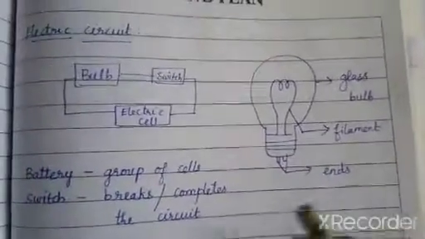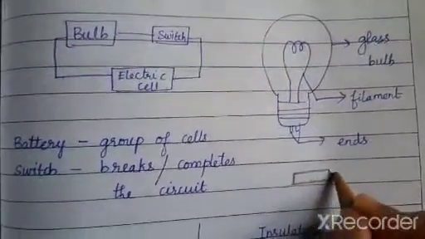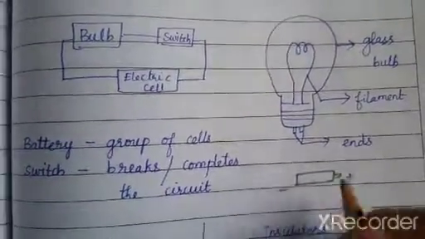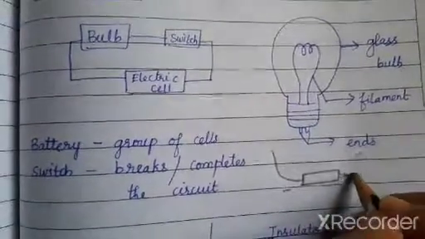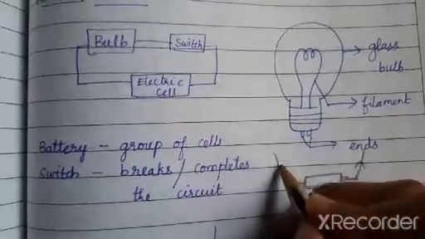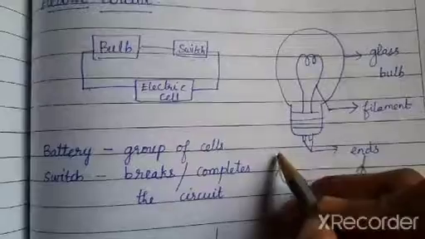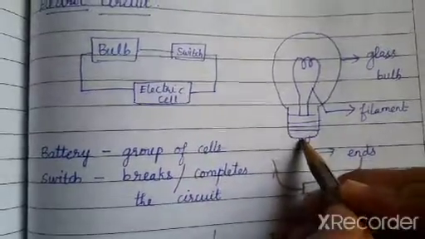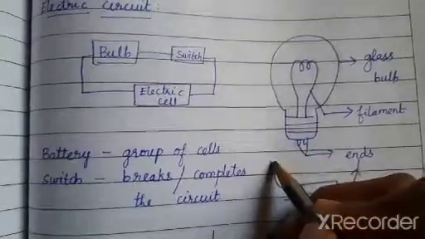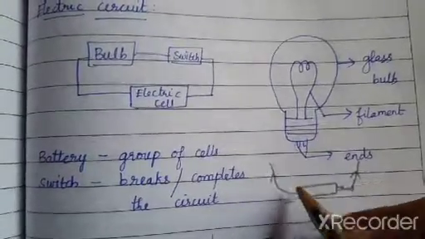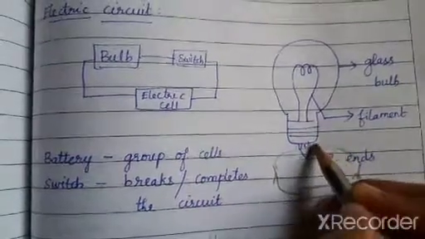Okay, so you already know that an electric cell will have two ends, right? A positive end and a negative end. So the wires connected from the electric cell will be one from the positive end and one from the negative end. These two wires are connected to the two ends in the bottom of a bulb. So the two wires coming from the electric cell will be connected to these two ends only.